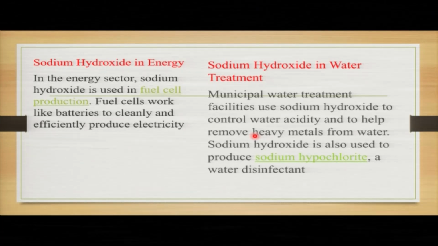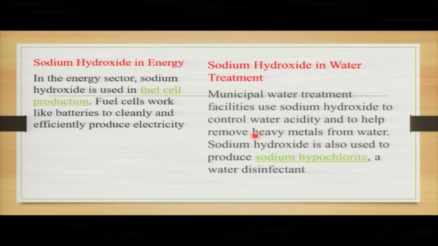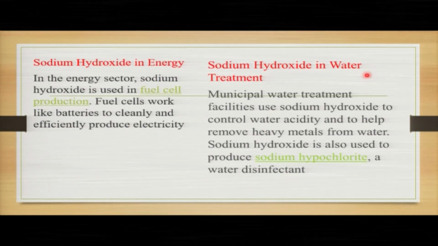Sodium hydroxide in the energy sector is used in fuel cells. There are different types of cells. I mentioned the Leclanché cell, that is a dry cell, but another type is the fuel cell. Sodium hydroxide is used there, like in batteries, to efficiently produce electricity.